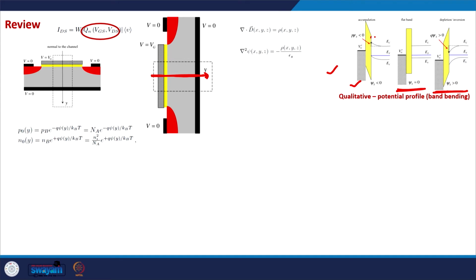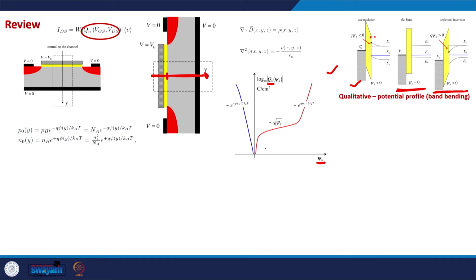Second, after this we saw the semiconductor charge Qs and the semiconductor surface potential psi s, which is the electrostatic potential right at the interface of the oxide and the semiconductor, just the beginning point of the semiconductor.